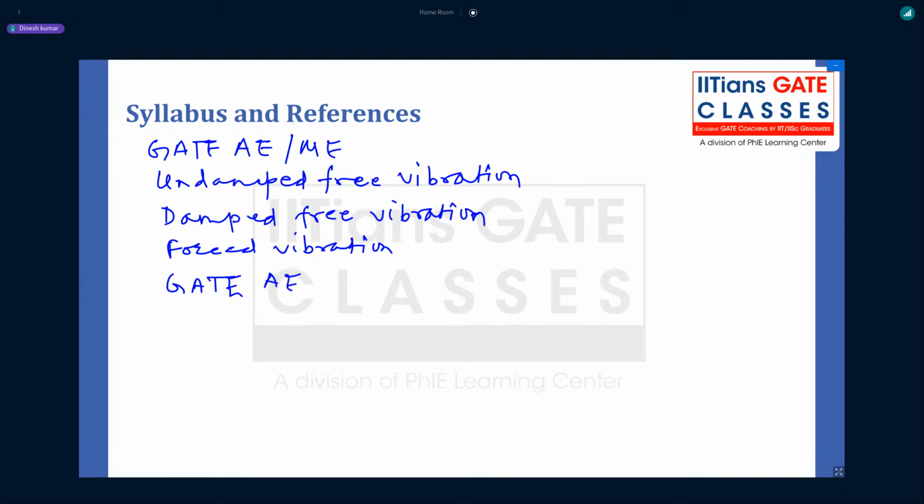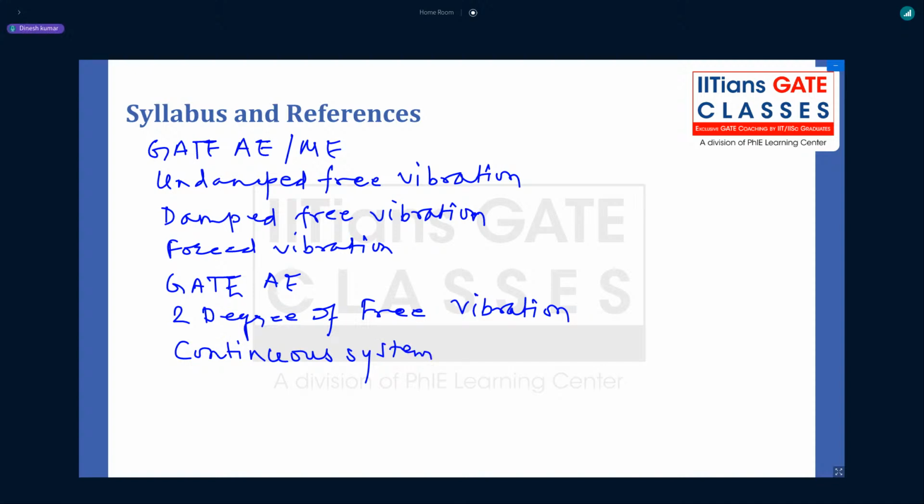One is two degree of freedom vibration, and then the vibration of continuous systems, free vibration of continuous systems. So these are the two additional topics in the GATE Aerospace syllabus.